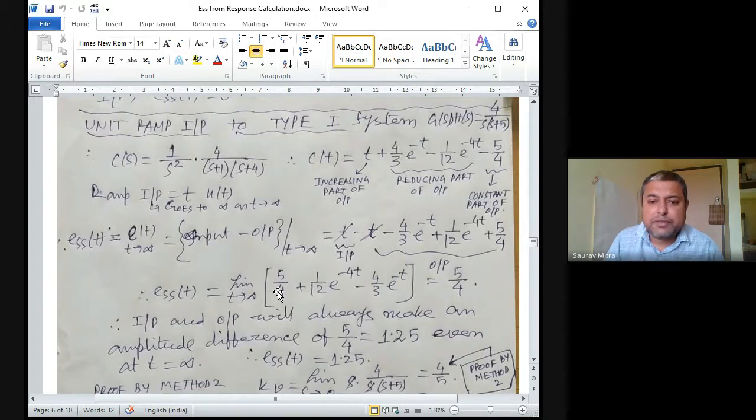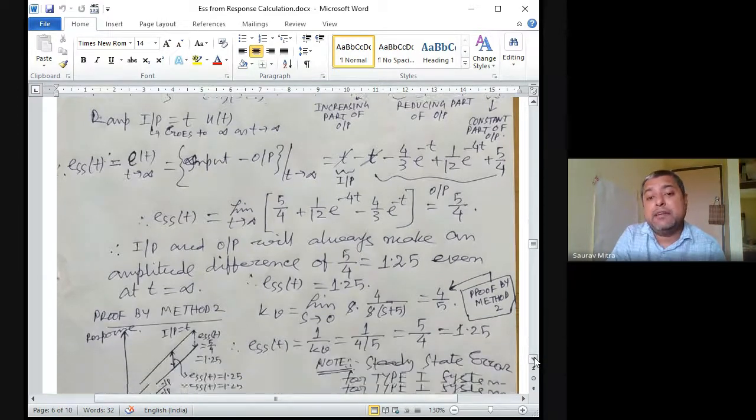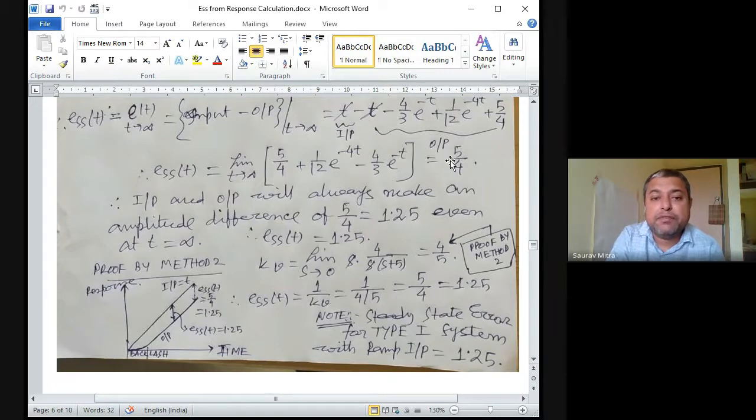This is the fifth response and the most important response, that is type 1 system with ramp input. You are going to find a constant error, that is the constant error of 5 by 4. 5 by 4 is nothing but 1.25. So input and output will always make an amplitude difference of 5 by 4, that is 1.25, even as t tends to infinity.